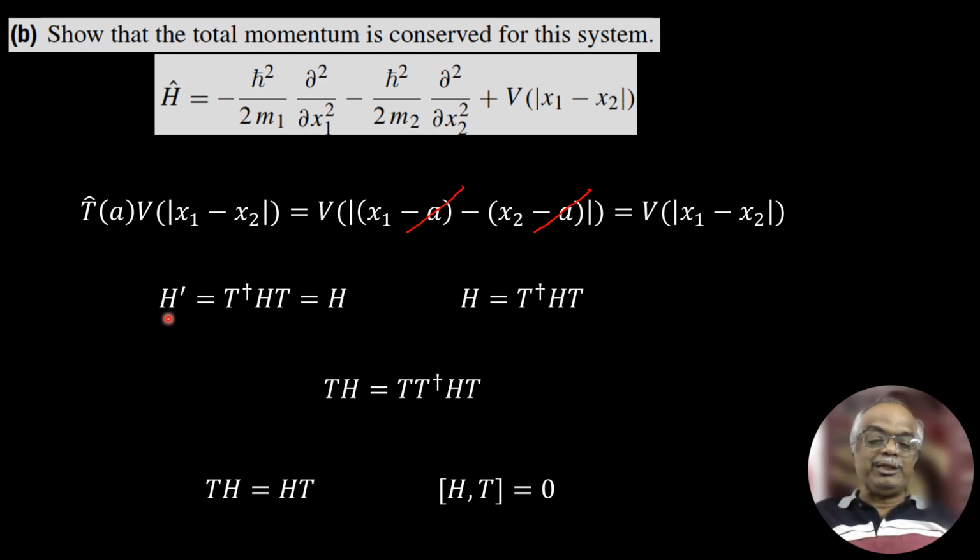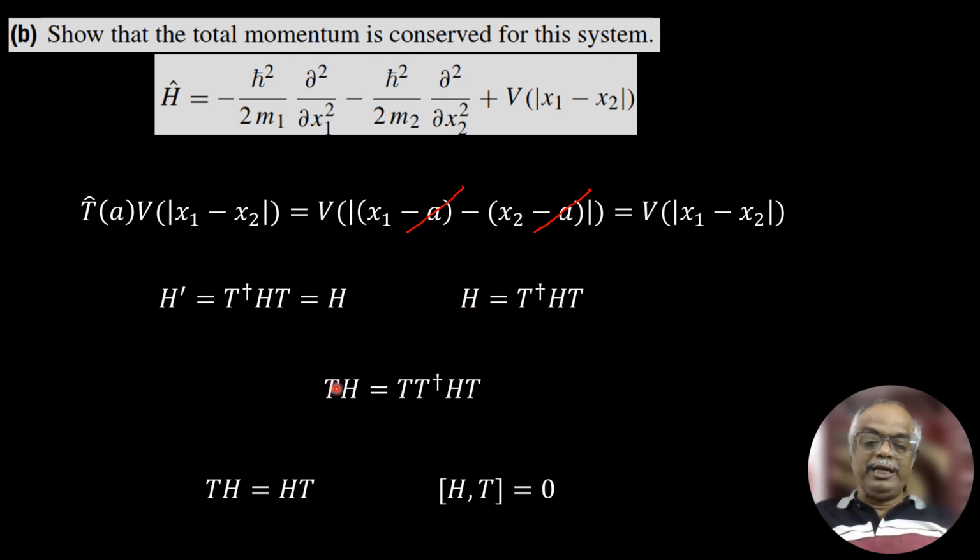This is not the perturbed Hamiltonian, so you need not be confused. It is equal to T dagger H T, because this is a unitary transformation. Unitary transformations preserve the norms, we know that. So H prime is equal to H. So naturally H is equal to T dagger H T.